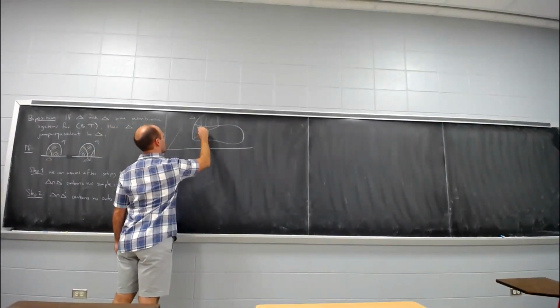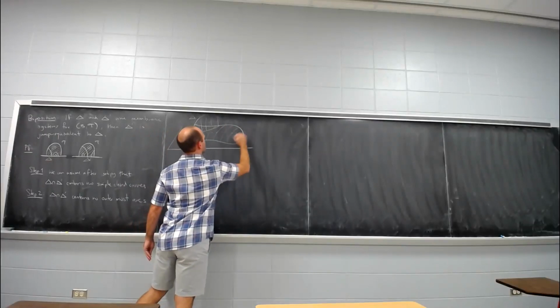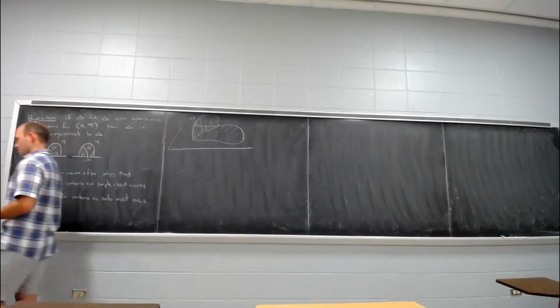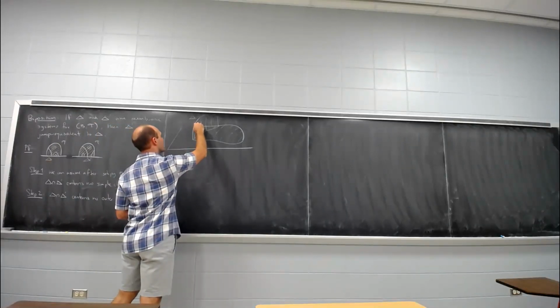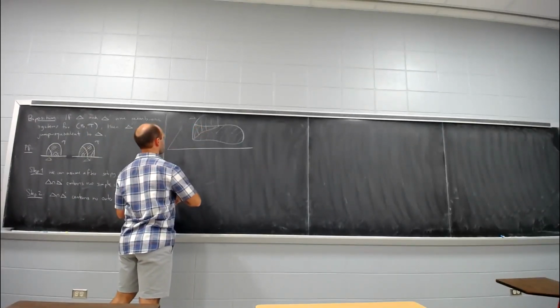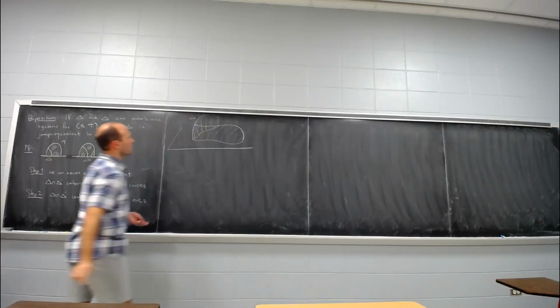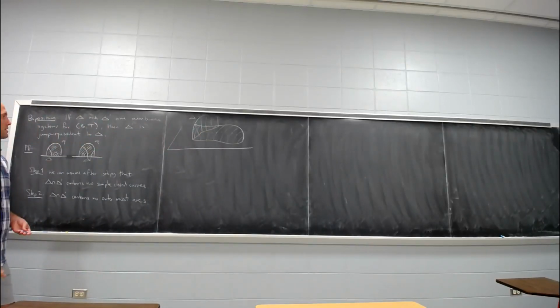So the common arc of intersection sort of lived in there. And the green guy bubbled out like this.